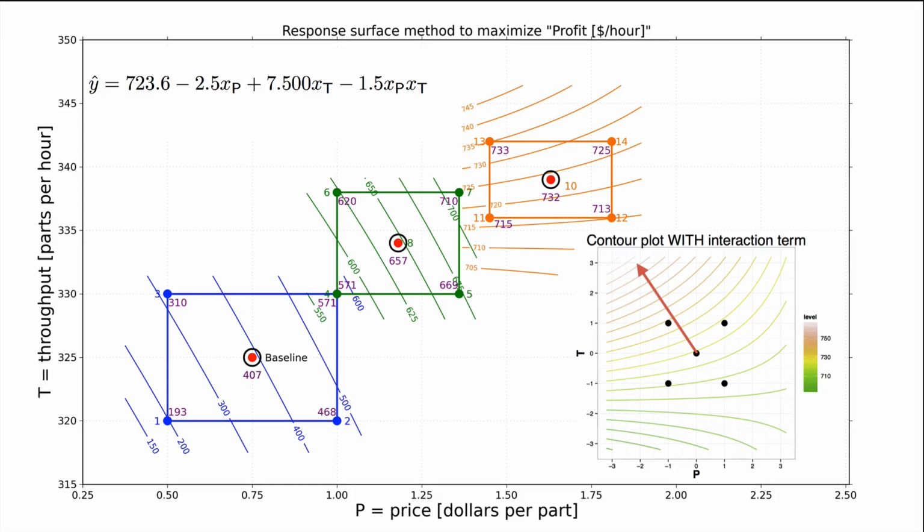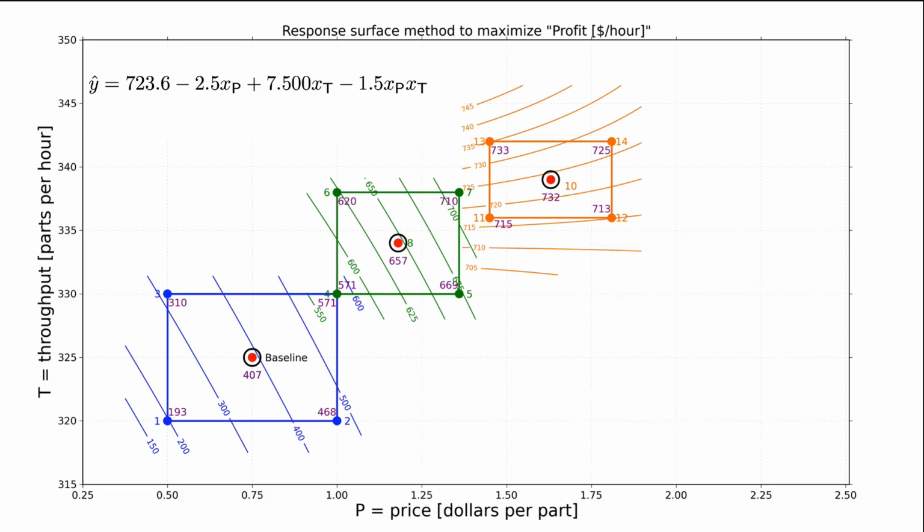Had the interaction term sent us in a different direction, we would definitely follow that direction instead of the steepest ascent that is determined only with the linear terms. But more on that to come with this topic of curvature. Let's quickly go take a step in the direction for run number 15.